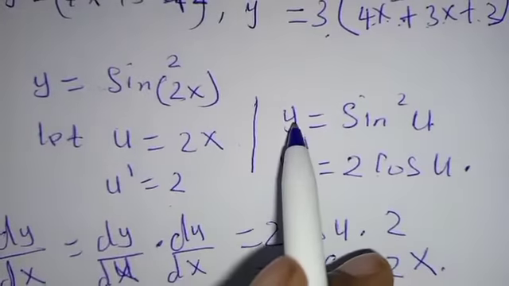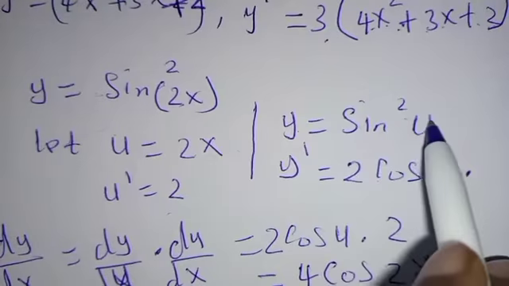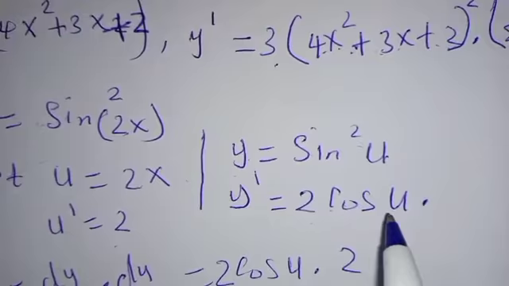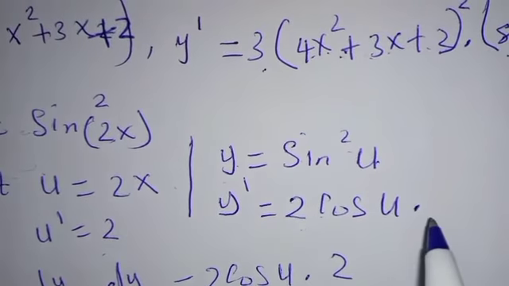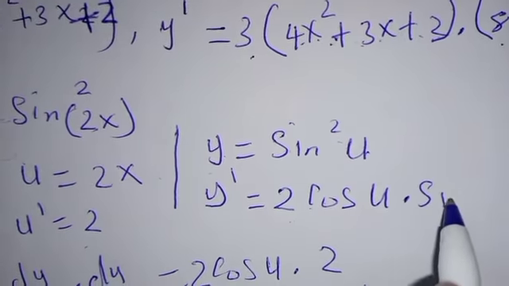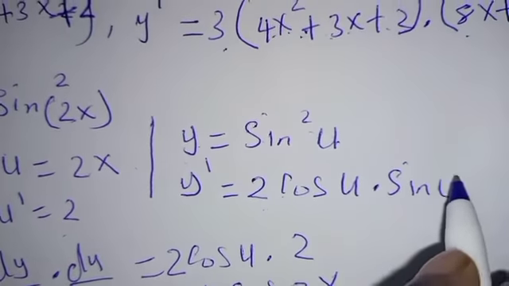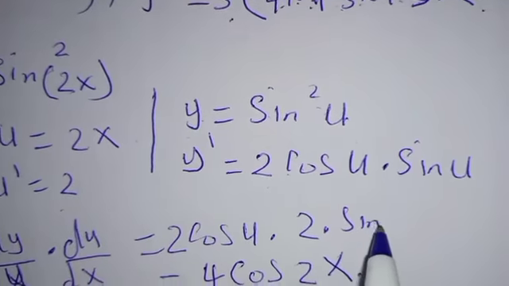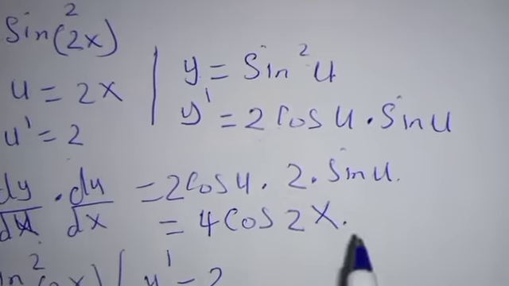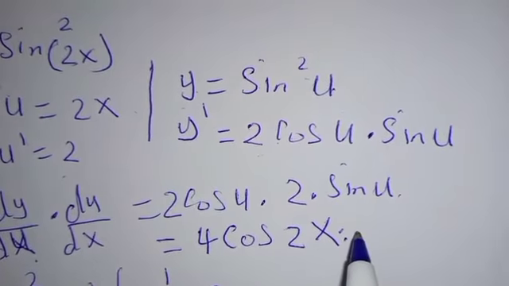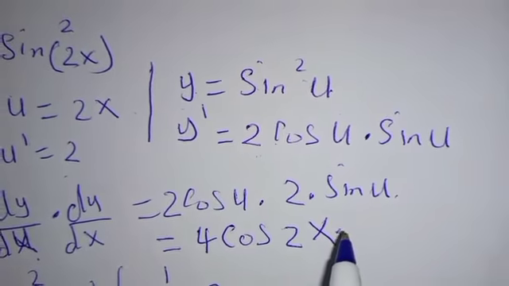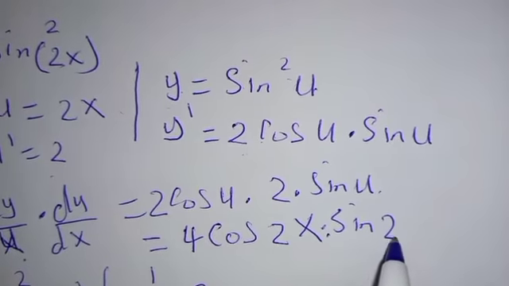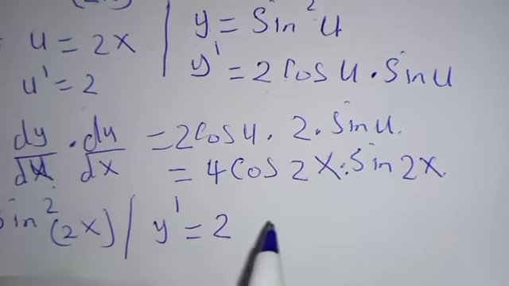Our y prime, you bring 2 forward, 2 cos u, then you multiply by sine of u, which is equal to this multiplied by sine of 2x. So that is our result.